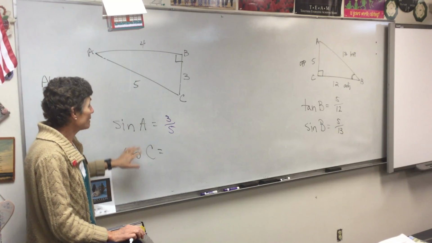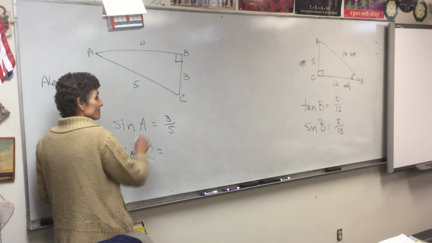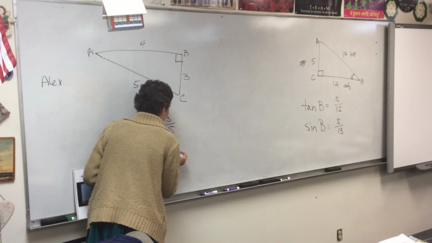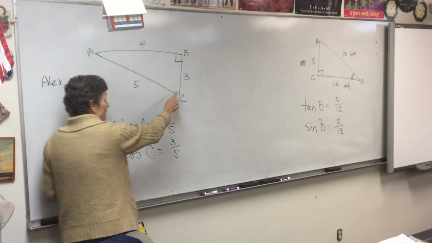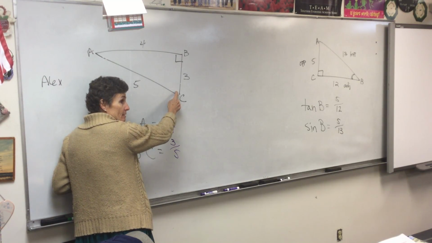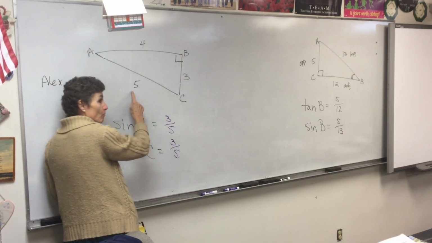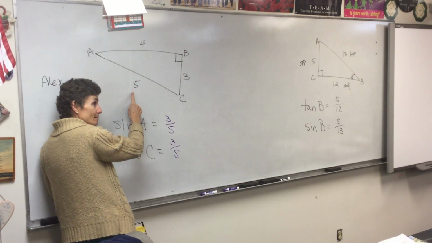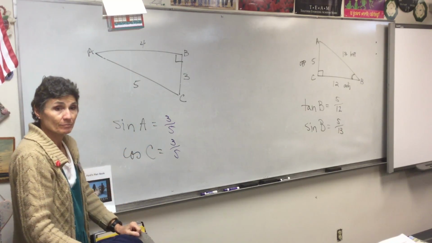Now, what about the cosine of C? The cosine of C is also 3 over 5. Because now I'm looking at angle C. Cosine is adjacent over hypotenuse. So I got the same number for both of those problems.